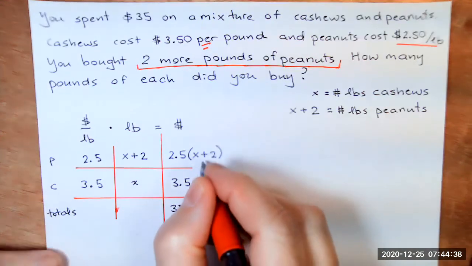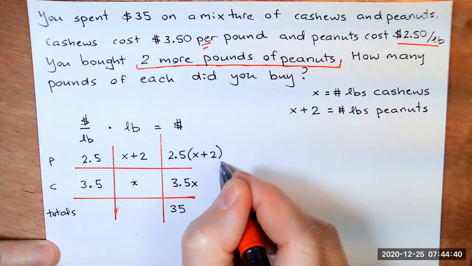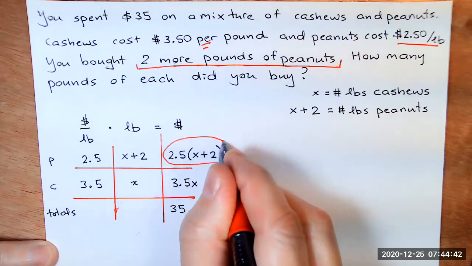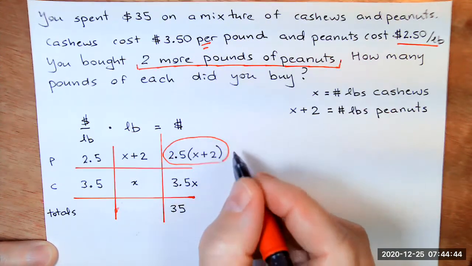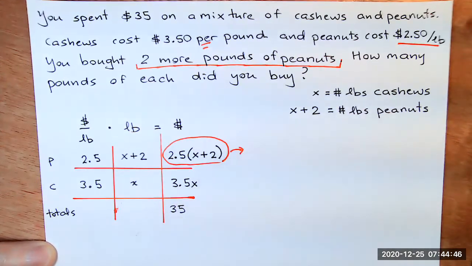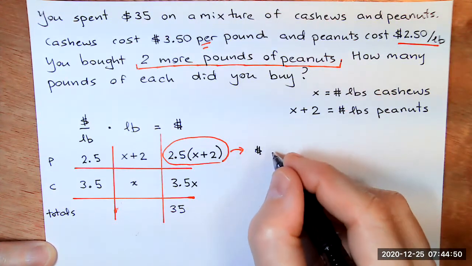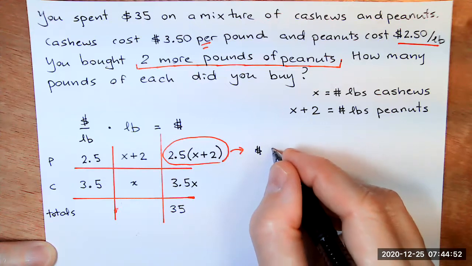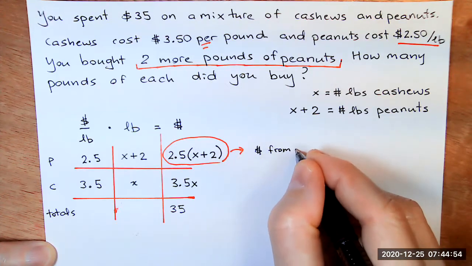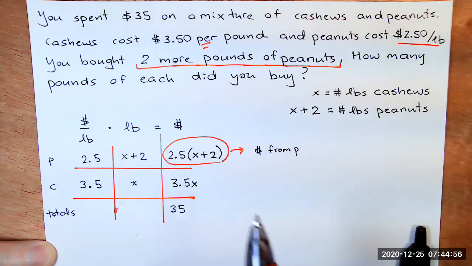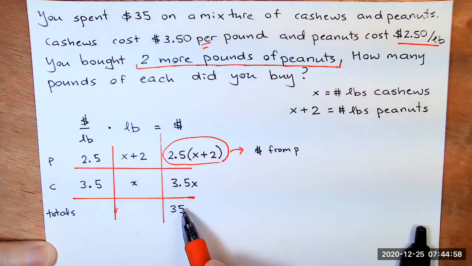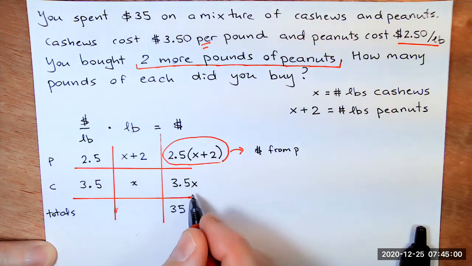And it's always helpful to take a moment here. This is our peanut row and the dollar column. So this represents the number of dollars spent on peanuts. This is the dollar column and the cashew row.